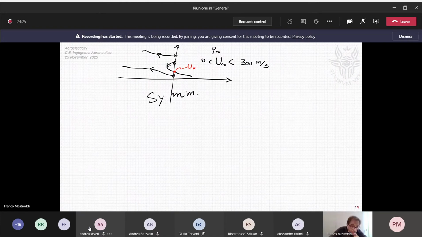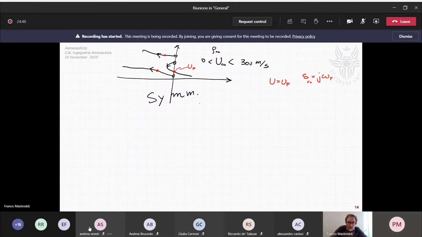Okay, so when we have U equal to U flutter, we have a critical pole s equal to j omega flutter, and this is our critical pole. In this condition, the other poles are typically stable like this.